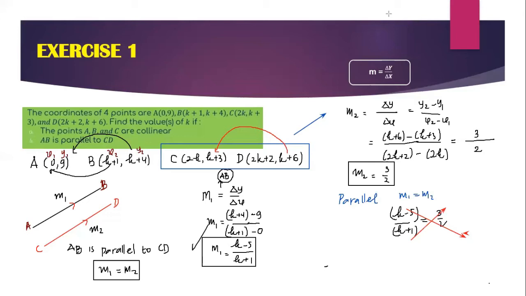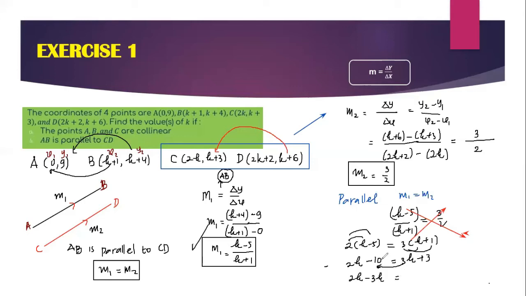By cross multiplying, we get 2 times (k minus 5) equals 3 times (k plus 1). So 2k minus 10 equals 3k plus 3. The 3k goes to the left side, so it becomes 2k minus 3k.